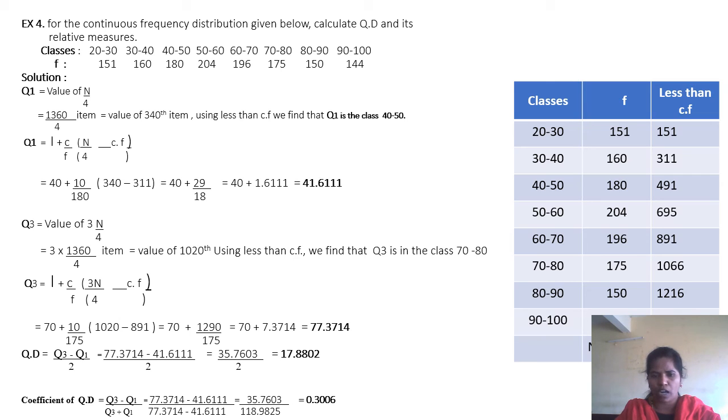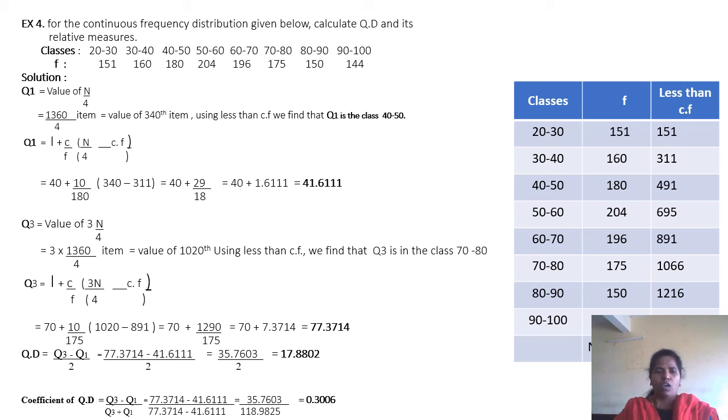Then after you calculate, 70 plus 1290 divided by 175 equals 70 plus 7.3714. The final answer: Q3 is 77.3714.